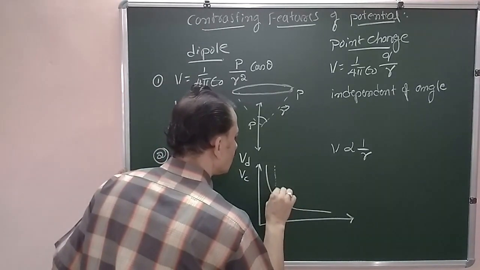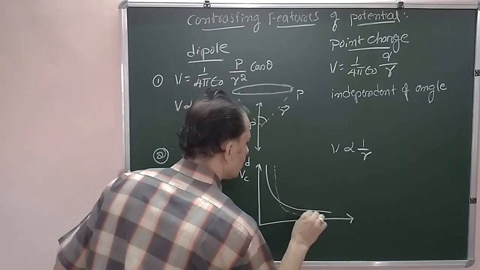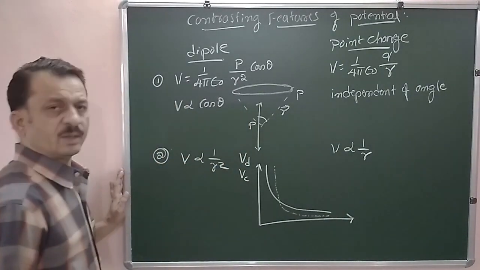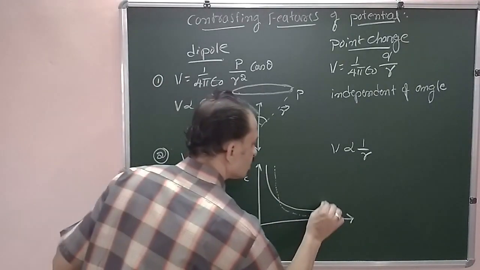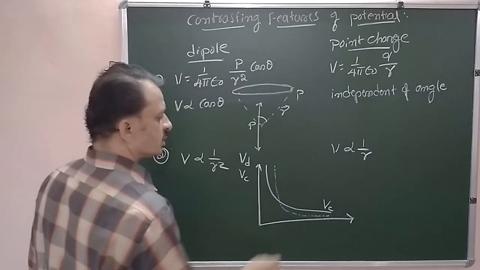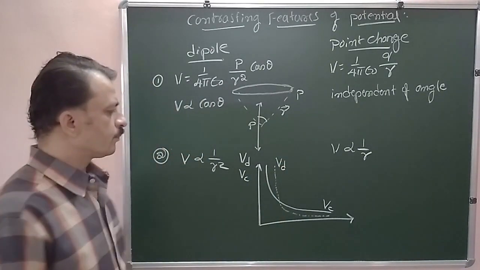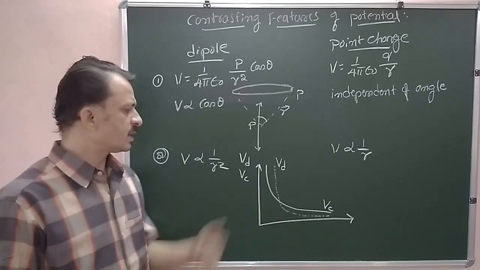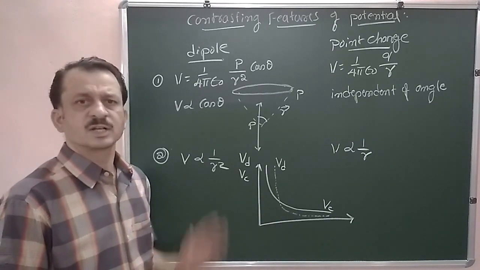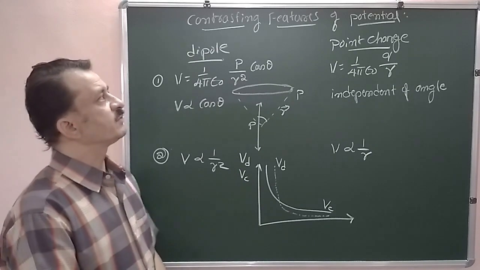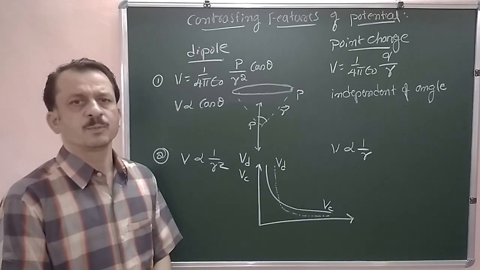The dotted curve represents the potential due to the dipole. That is the graph. These are the two important contrasting features of potential due to a dipole and due to a point charge.